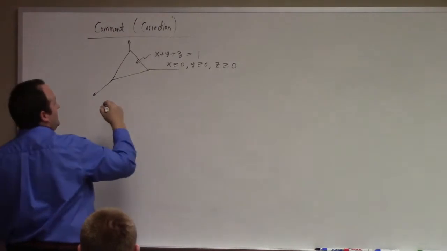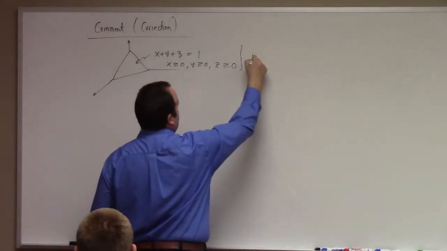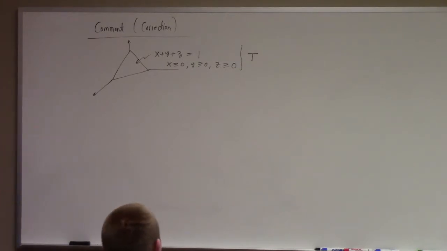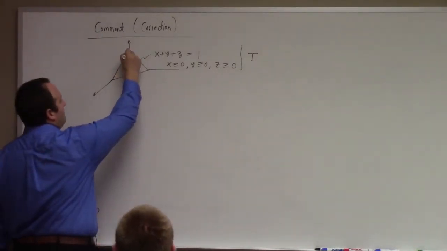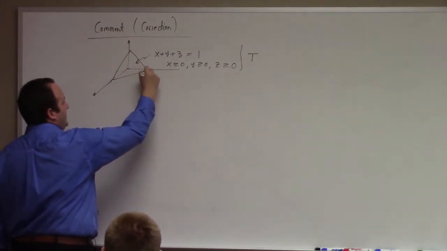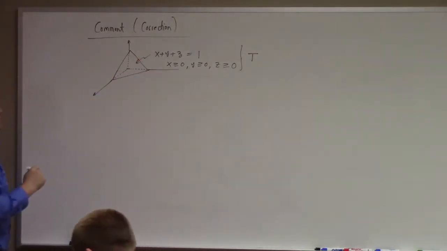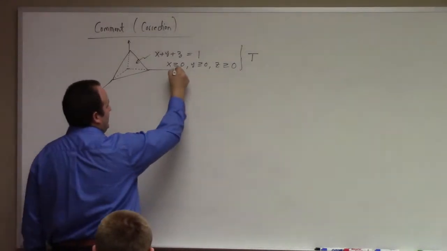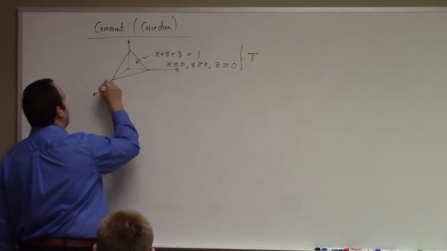Let's call all of this T, the set of x, y, z which satisfies those bounds. So it's bounded by the plane x plus y plus z equals 1 and the coordinate axes. I want to describe how to set up triple integrals over such a region.